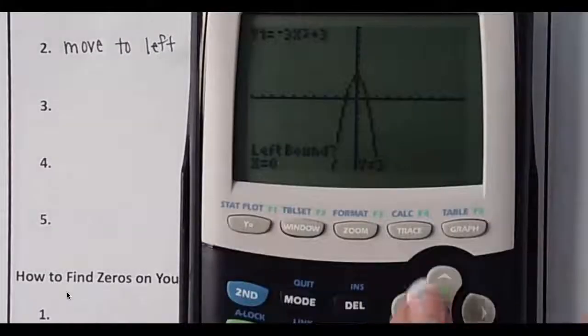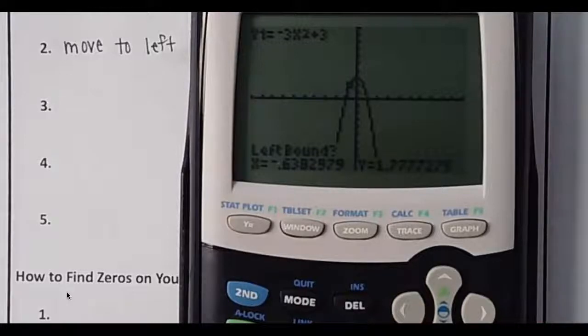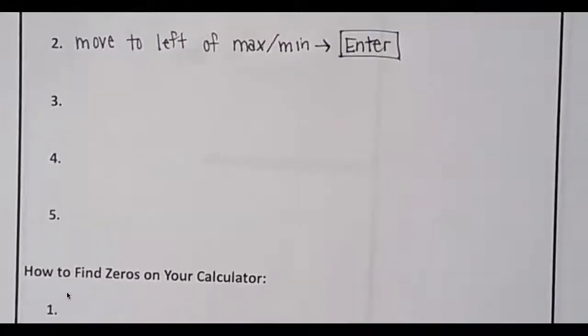So using these arrows, I can see where my maximum is, right? I'm going to go a little bit to the left, and I'm going to hit enter. Then pause. It's the left bound.